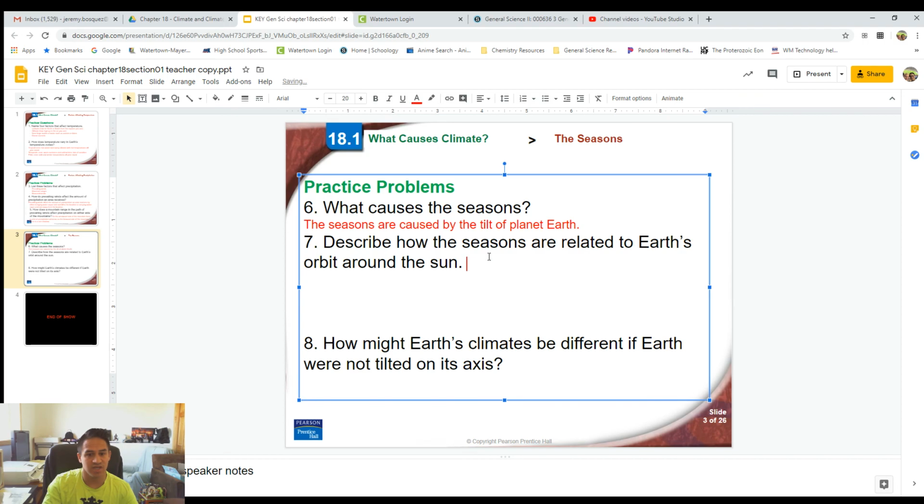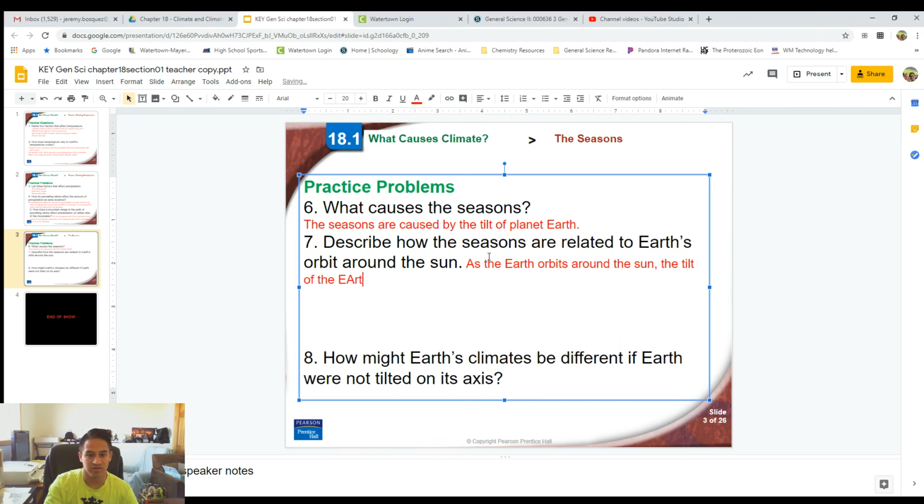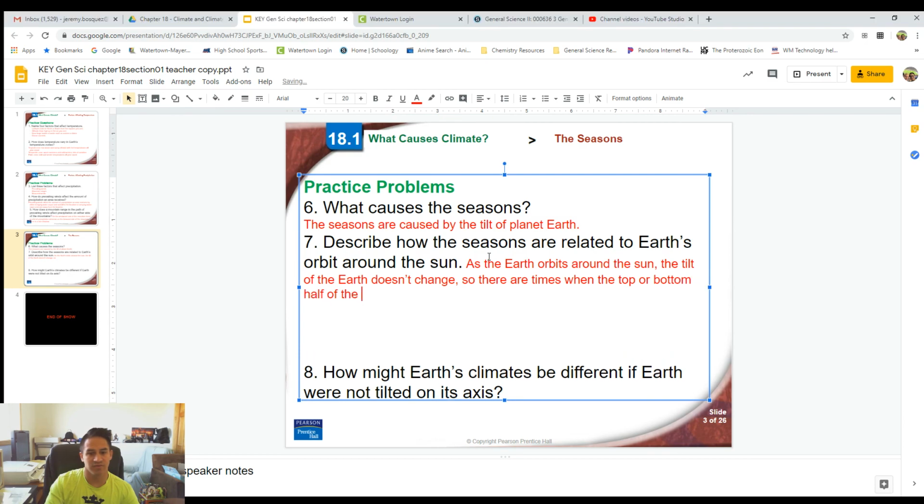So let's say as the Earth orbits around the sun, the tilt of the Earth doesn't change. So there are times when the top or bottom half of the planet is pointed towards or away from the sun.